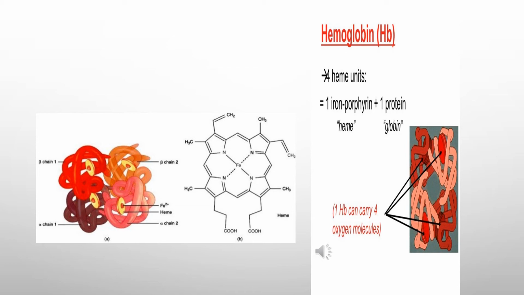And one heme group of hemoglobin can carry one O2 molecule. It means the four molecules of oxygen are carried by the four heme groups which are present in one molecule of hemoglobin. Meaning one hemoglobin molecule carries four oxygen molecules.